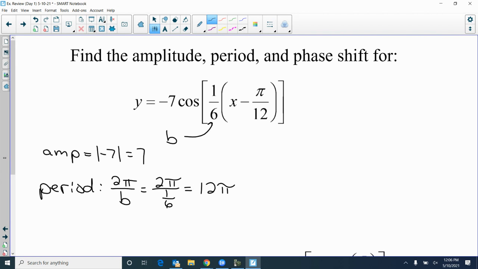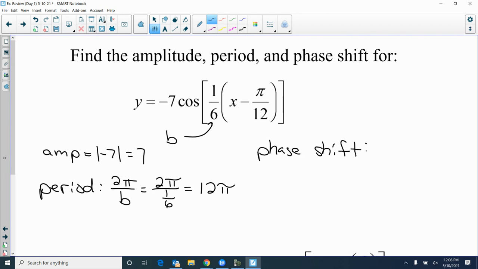Now, period is the length it takes to do one full cycle. So it just stretched out all the way. Usually it's 2 pi for cosine and sine. Remember, tangent's pi. Phase shift. Now this, you usually remember a little bit better. Alex, you remember phase shift?